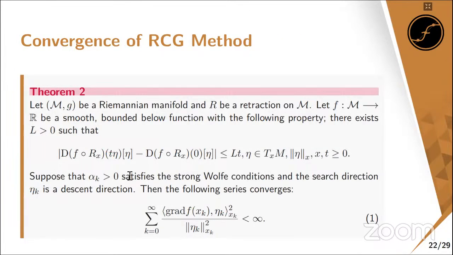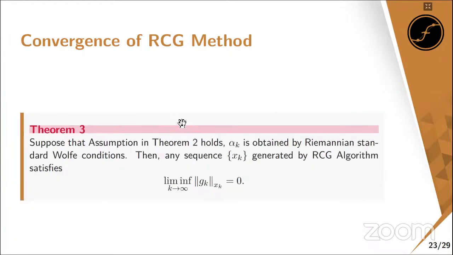Also, we require the Lipschitz version of the Euclidean conjugate gradient method in the Riemannian setting in order to show the convergence, and the Zoutendijk condition is also required. We will require these two theorems in order to show the convergence of the algorithm. The last theorem here is saying that irrespective of where we start from, we are definitely going to ensure that the algorithm converges. So this is an ongoing work.